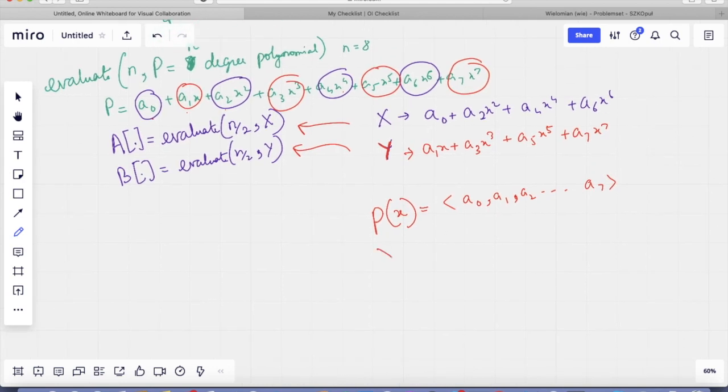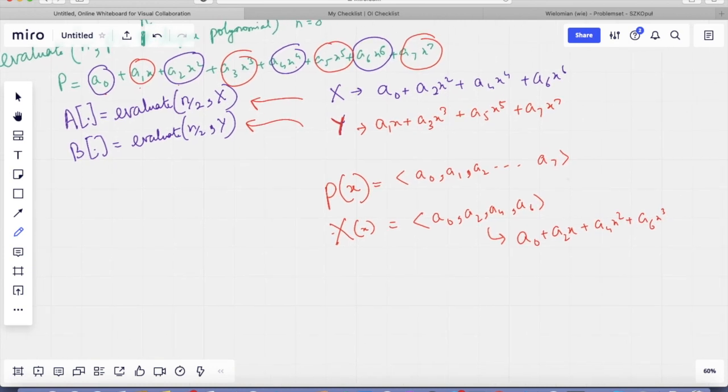Now similarly consider the polynomial x as well like this. So a0, a2, a4, a6. But this is not really x, right? Why? Because this will correspond to the polynomial a0 plus a2x plus a4x square plus a6x cube.